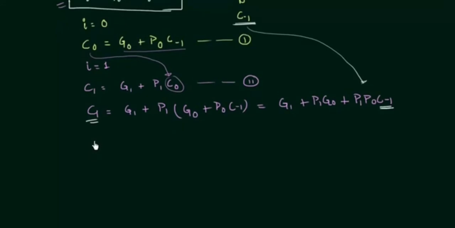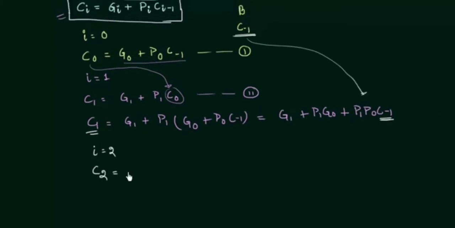And now let's put i equal to 2 in the equation. So C2 equals G2 or P2, and this time we have C1. So again we have to replace this C1.